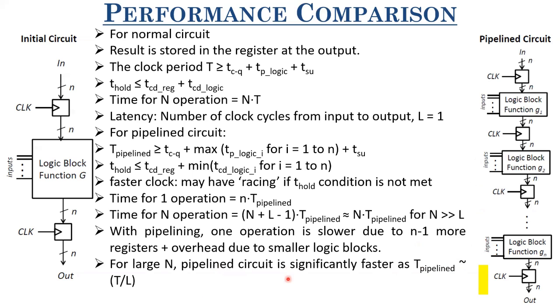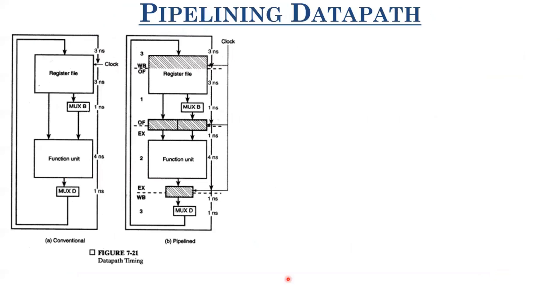Now this pipeline is generally used in the data path. If you have a data path with a register file, then a mux, then a functional unit, and then a mux, typically what is done is you insert new registers and divide these operations into several sub operations. Those sub operations are operand fetch.